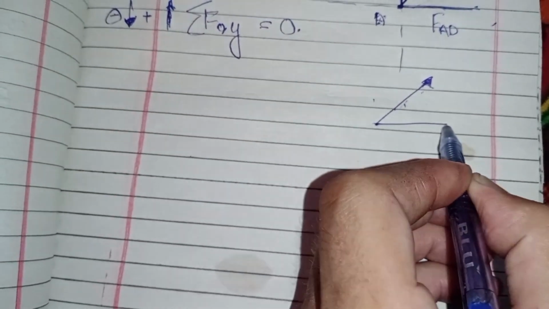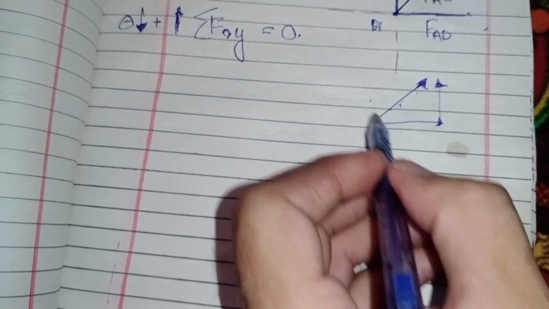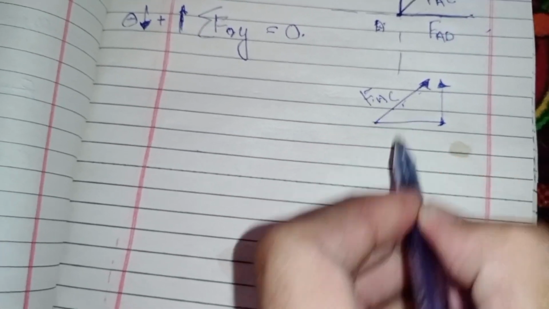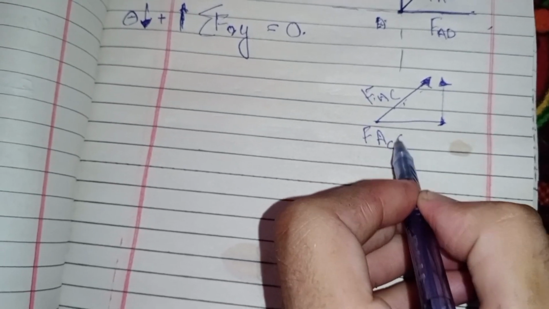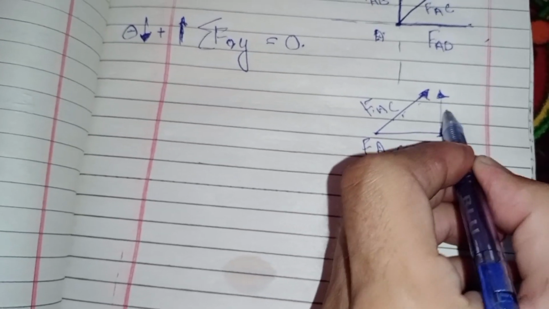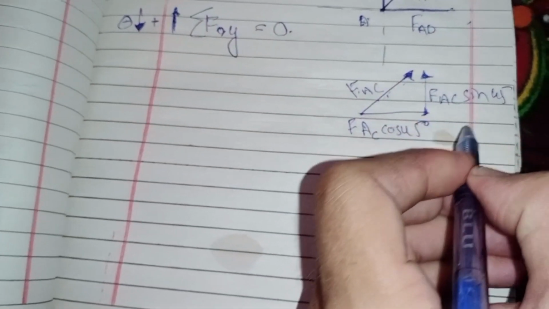Okay, so this is the horizontal component and this is the vertical component of this force FAC. FAC cos 45, FAC sin 45.